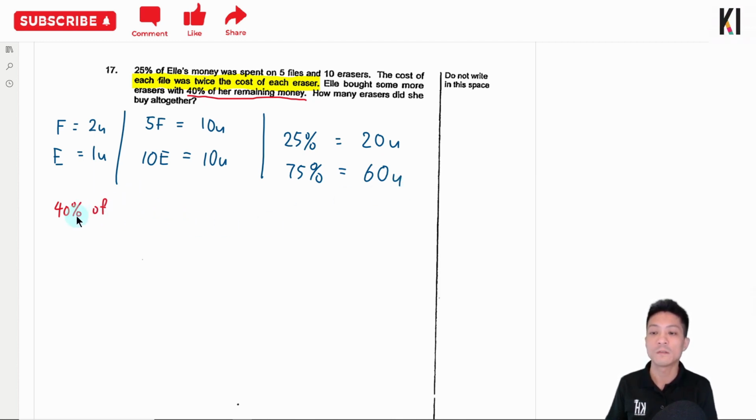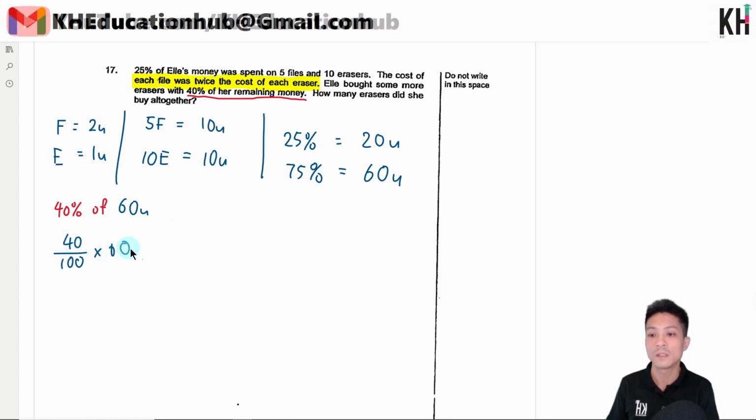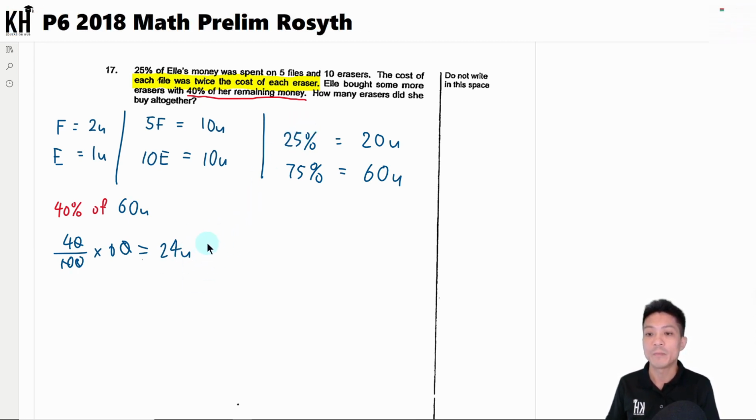So instead of using 40% of 75%, which can be a bit confusing, I'm gonna find what is 40% of 60 units. 40 over 100 times 60, reduce, and it will be 6 times 4, which is 24 units. 24 units can buy 24 erasers, right?